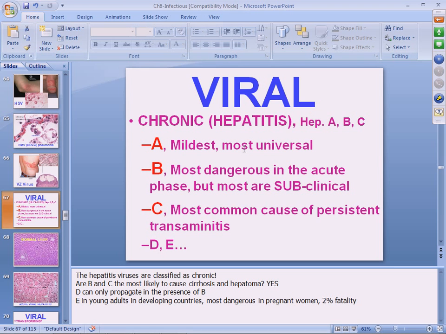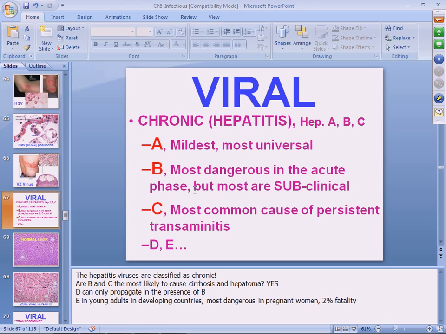So if you would like to generally rule out for now hepatitis A, even though it's probably the most common worldwide, it's also the mildest, and not a very large fraction of the world population has antibodies to A. Most of them never knew they had it. And even though there's a fatality, it's very, very low, and it's not anywhere near the fatality of some of these other ones.